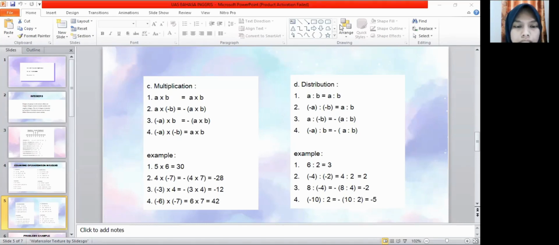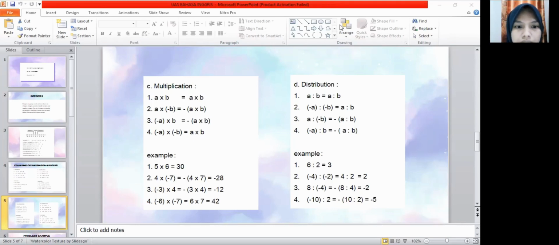A times negative b equals negative a times b. Negative a times b equals negative a times b. Negative a times negative b equals a times b.